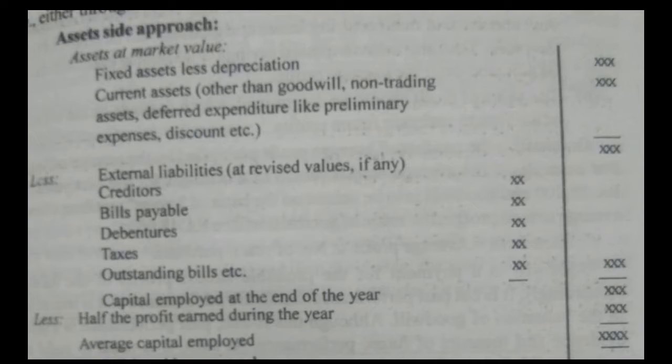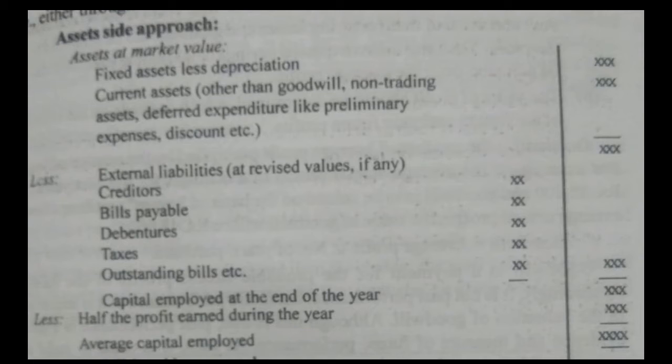Then the external liabilities, the creditors, bills payable, debentures, tax, and outstanding bills, should be deducted from the net assets. That will give you the capital employed. From the capital employed, you minus half of the current year profit, that is the profit earned during the year. It will give you the average capital employed.